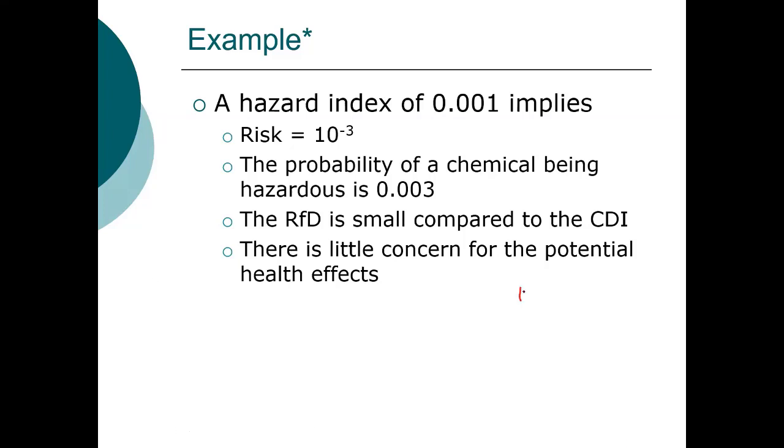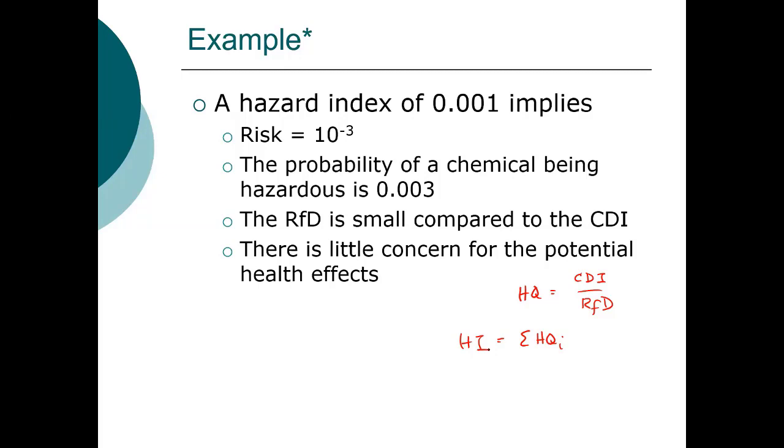Remember, the hazard quotient is equal to CDI over the RFD, the reference dose. Okay. So we sum the hazard quotients to get the hazard index. So here, if you think back at that previous example, the RFD is actually larger.